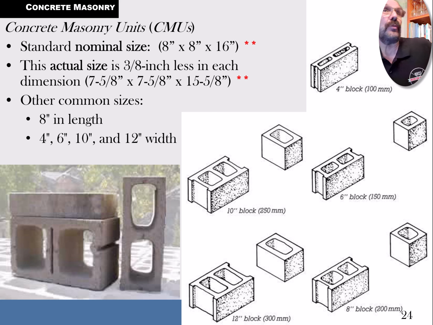And what we do is we figure out the total square foot area of one side of that wall, and we divide by the area in square feet of one block installed, the nominal dimension. By dividing the area of the wall by the area of the block, that'll tell you how many blocks, basically. That's how we do the math, or one of the ways. You can also flip it around another way, how many blocks per square foot, and that's another technique. But it's the same concept either way.